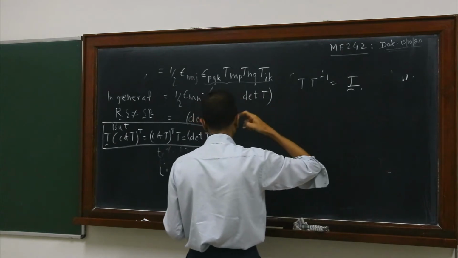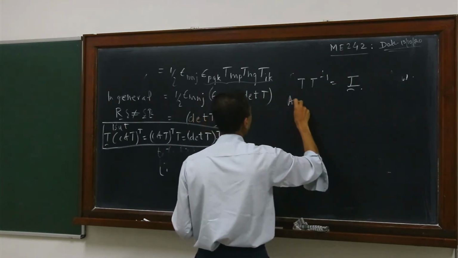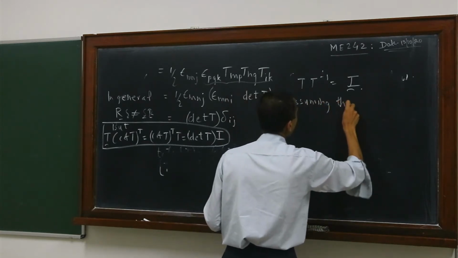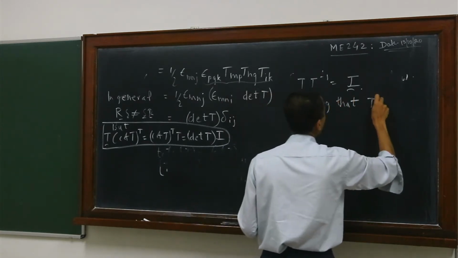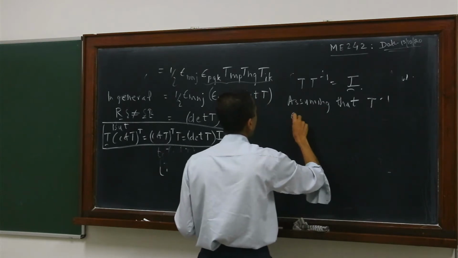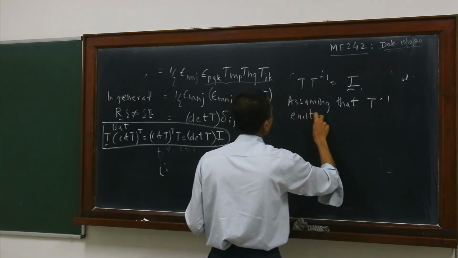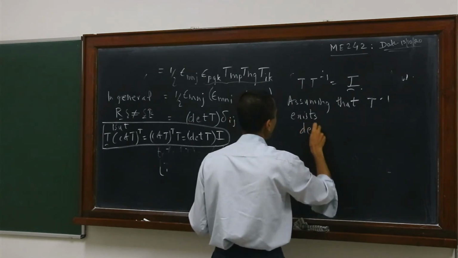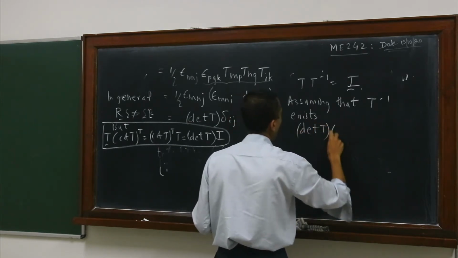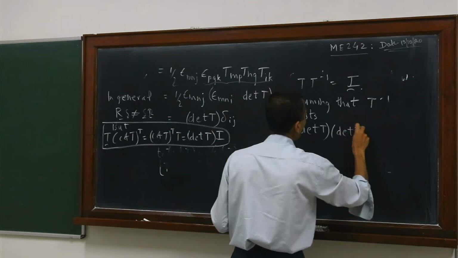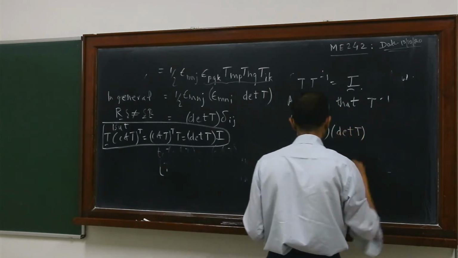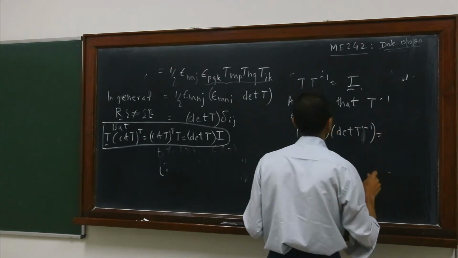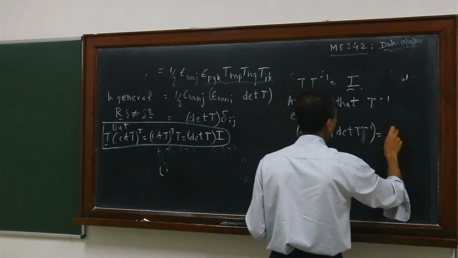If I take the determinant, assuming that T inverse exists, then if you take the determinant on both sides, you'll get that determinant of T times determinant of T inverse is equal to 1.